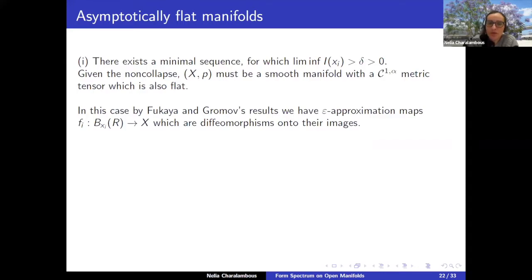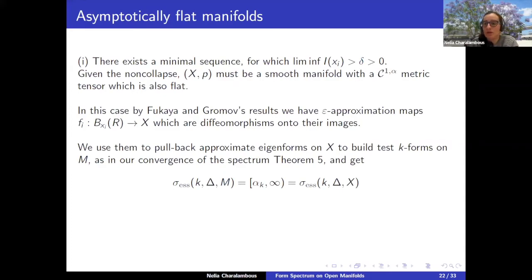So for this one, we can use Fukaya-Gromov's result to have these nice epsilon approximation maps that are diffeomorphisms onto the images. And as in the approximation theorem that I wrote before, theorem 5, we pull back the approximate eigenforms from the limit to the original manifold to construct approximate eigenforms on it and prove that everything in this nice interval will be in the spectrum.